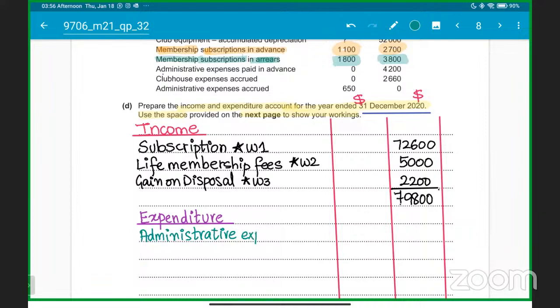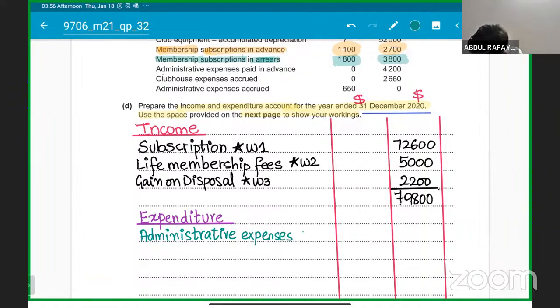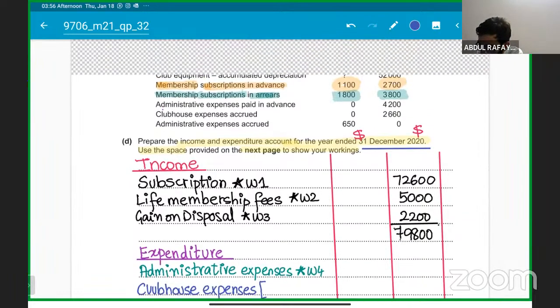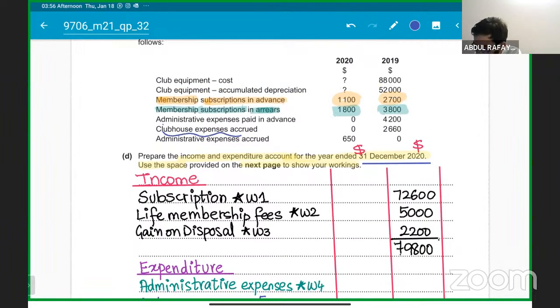Once the space is finished, then you can do it later below or somewhere else. Okay, administrative expenses, and we have clubhouse expenses. Clubhouse expenses are simple. You can make accounts as well or not. Clubhouse expenses are accrued, which means it's a liability.